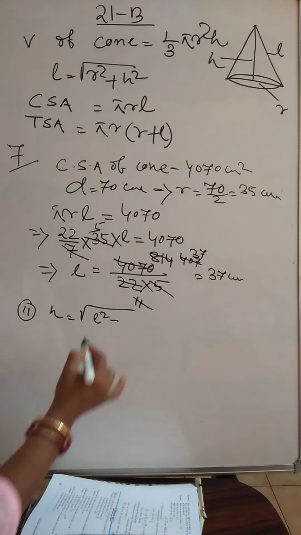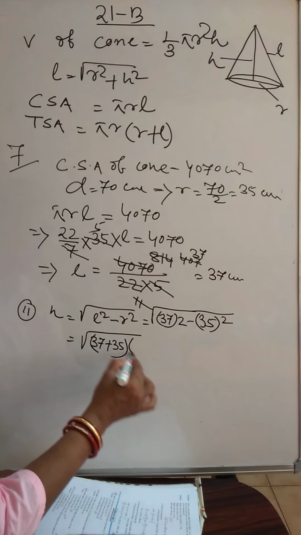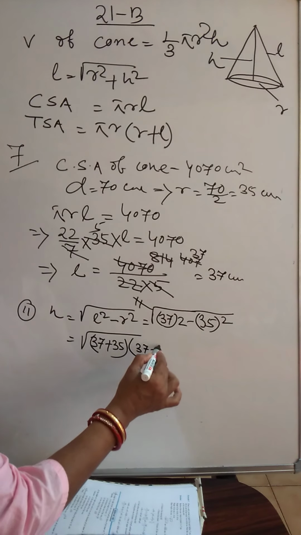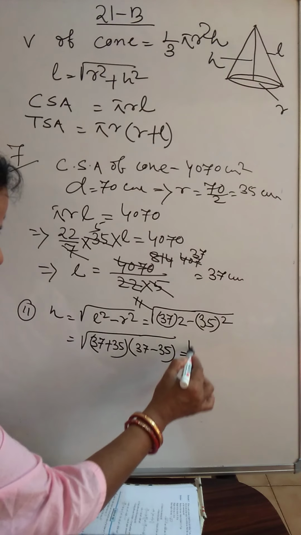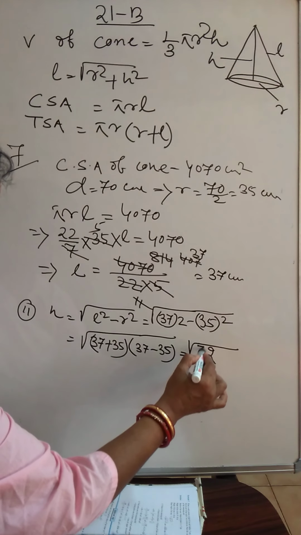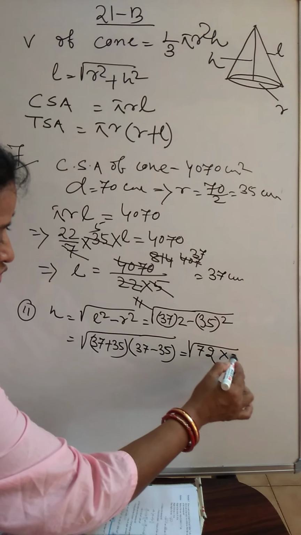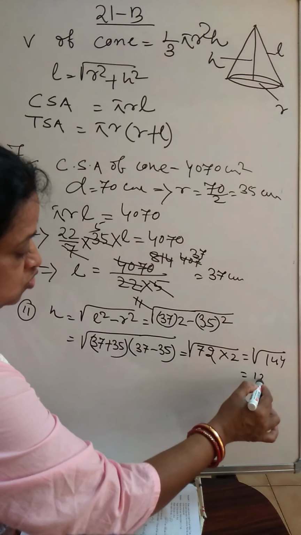I'll write A square minus B square, that is A plus B into A minus B. 37 plus 35 into 37 minus 35, that is 72 into 2, 144, which is equal to 12 centimeter.